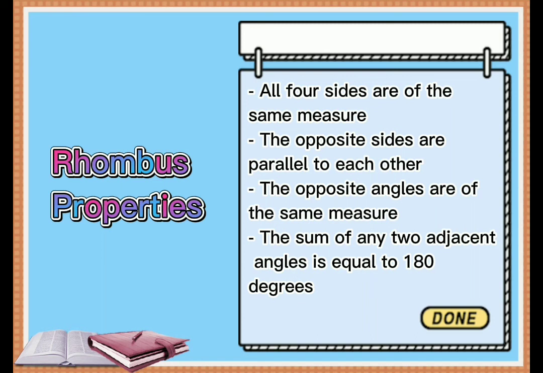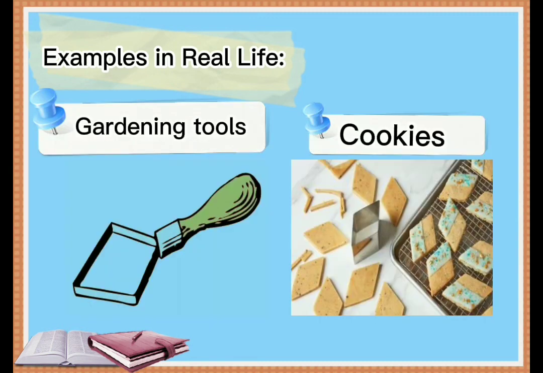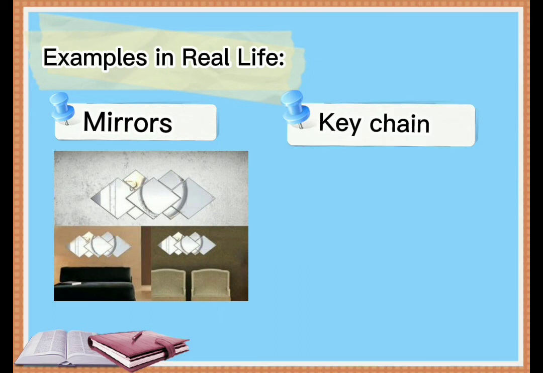Fourth, the sum of any two adjacent angles of a rhombus is equal to 180 degrees. And last, the diagonals perpendicularly bisect each other. Here are some examples of a rhombus in real life: gardening tools, cookies, mirrors, keychain, and many more.